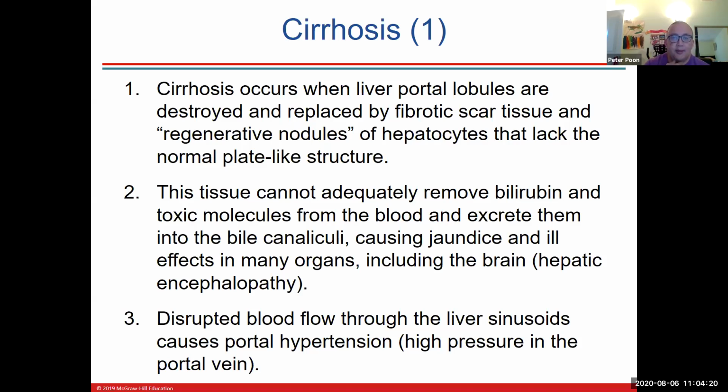All right. Cirrhosis is when the liver, which is amazingly good at regenerating itself, sometimes doesn't work, and that's when cirrhosis happens.